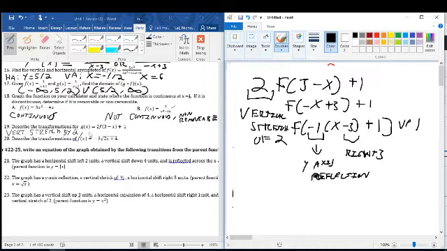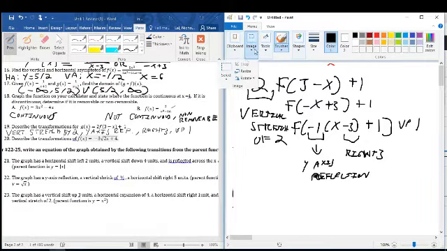So that's a vertical stretch by 2, y-axis reflection, right 3, up 1.